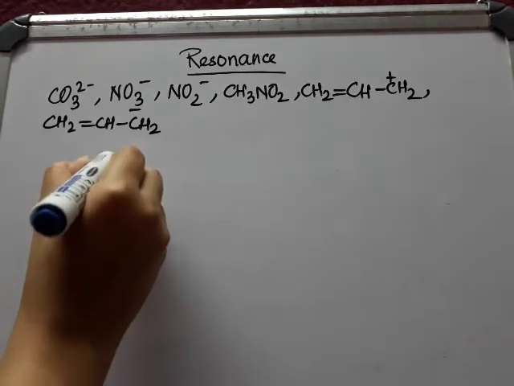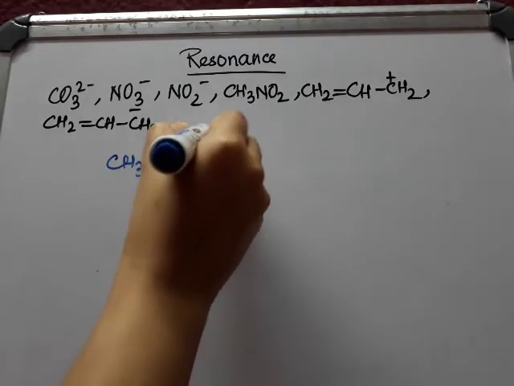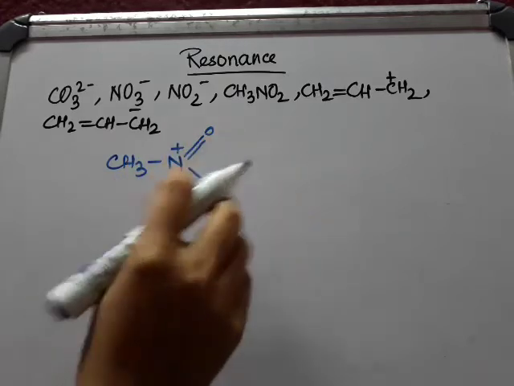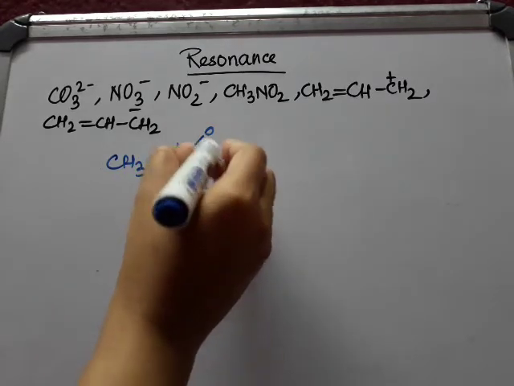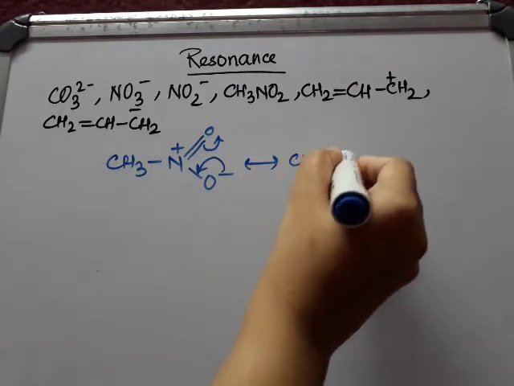Next one is nitromethane. So, this is the structure of nitromethane. Now, again resonance is possible, right?